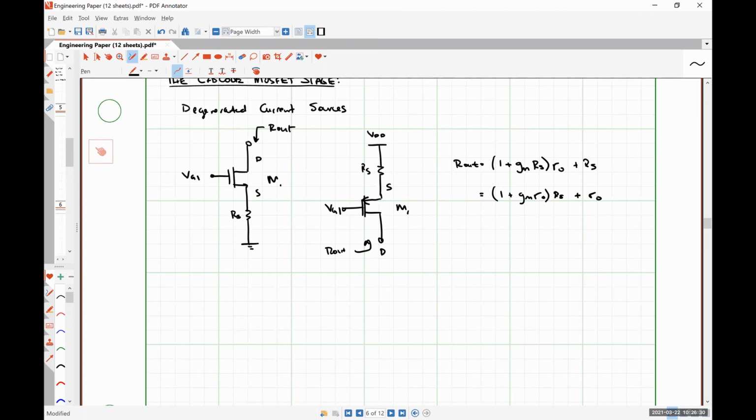The problem with degenerating with a resistor is the exact same as we saw with BJTs. We are getting a boost in the output impedance, fairly obvious from the math, but we are also losing headroom because that degeneration resistor RS has to be carrying a current equal to the drain current.